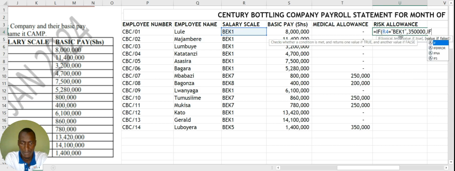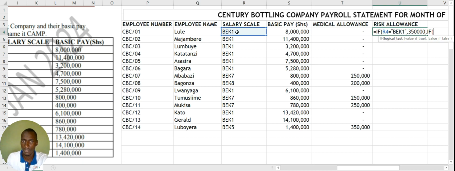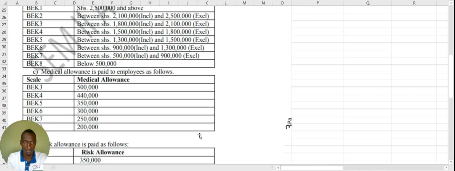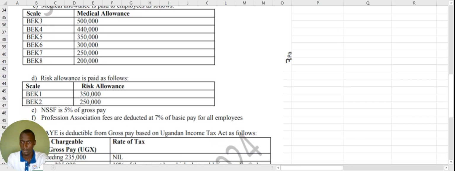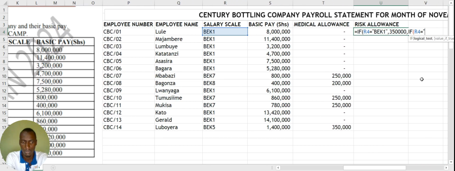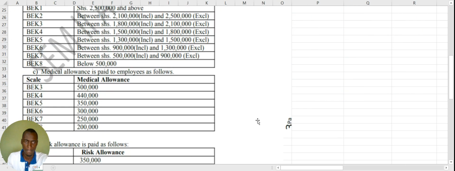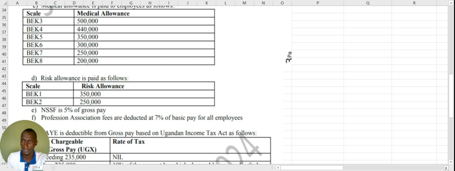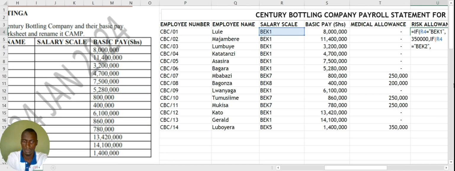Comma, if the salary scale equals BEK2, then that is 250,000.